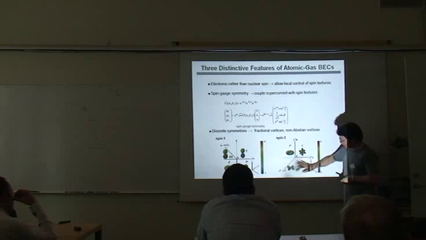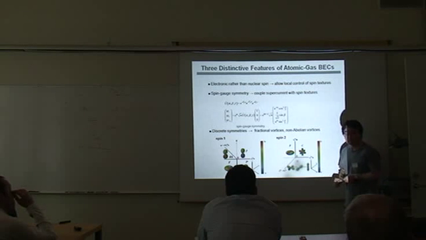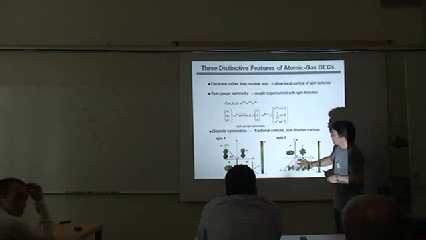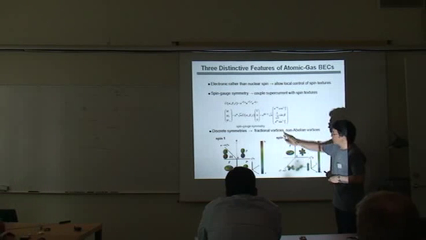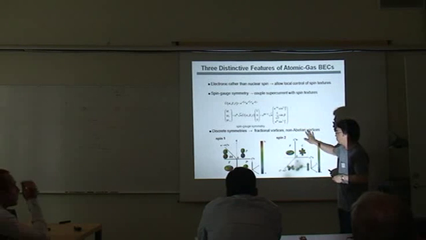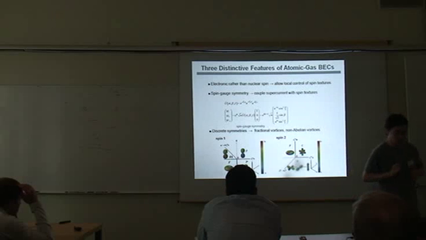This looks like a liquid crystal phase. Each phase has distinct discrete symmetries. And these discrete symmetries combined with this spin gauge symmetry lead to fractional vortices and non-Abelian vortices, which I will describe later.